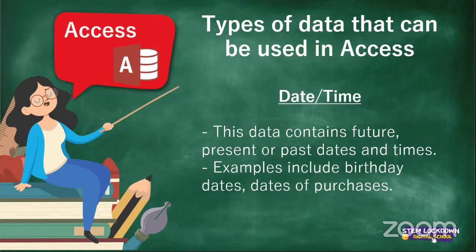If you want to store that type of data, you will set your field to a date, and then you will put in the date when that particular employee started working at your company. Some examples include birthdays, dates, possibly the date that a company purchased a product, the date that the product was sold. Any sort of dates or times that you want to put into a database would be stored as a date time type of data.